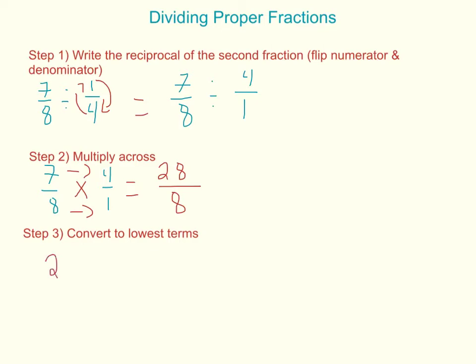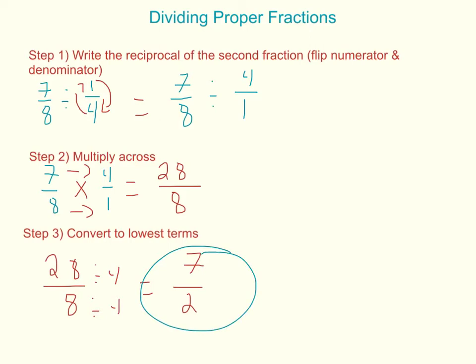So if we have our 28 over 8, we look at what both of them can be divided by. They both can be divided by 4. 28 divided by 4 is 7, and 8 divided by 4 is 2. And there we've got our final answer of 7 over 2.